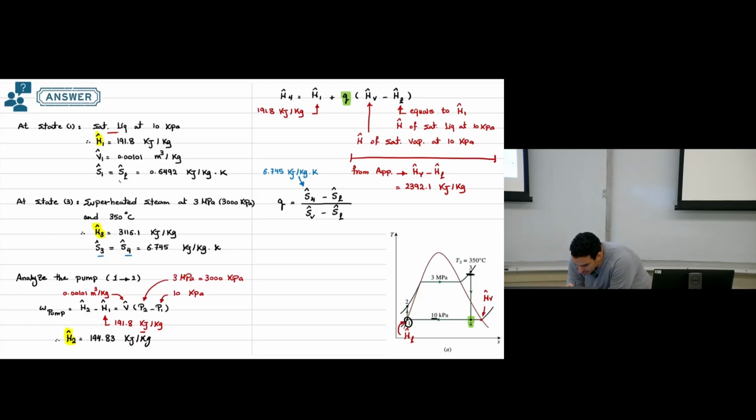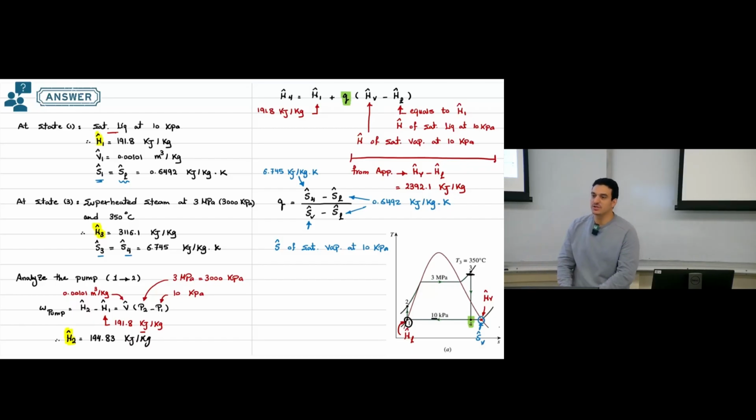Specific entropy of the liquid, we have it here, which is the specific entropy at point number 1. So we have this value, which is 0.6492 kilojoule per kilogram Kelvin. And again, you can go to the appendix to get this one. This one is specific entropy of saturated vapor at the condenser pressure, which is 10 kilopascal. So this is the point that represents saturated vapor at the condenser pressure.